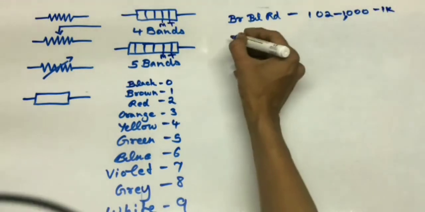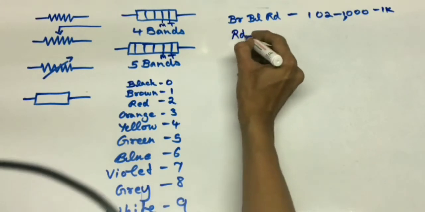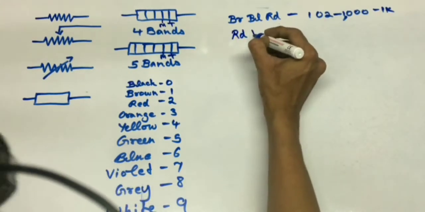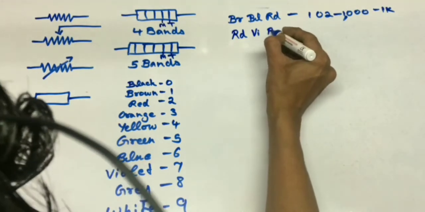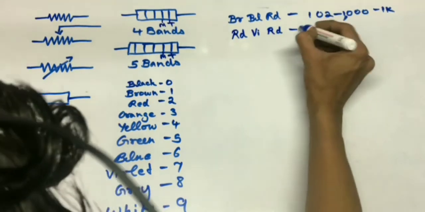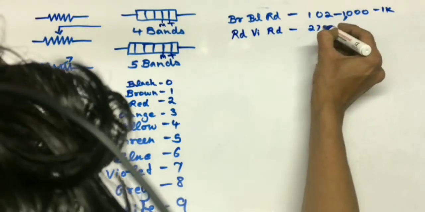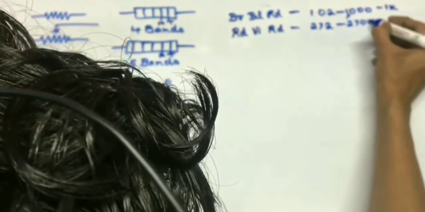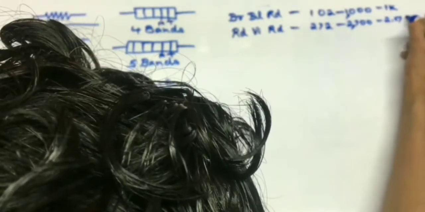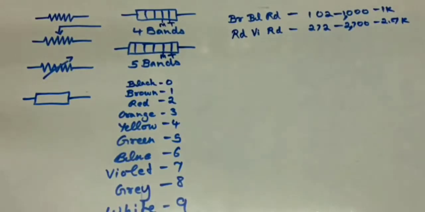Like that, if the first is red, the second is violet and the third is red, then it is 27 and 2 zeros, that is 2.7K.